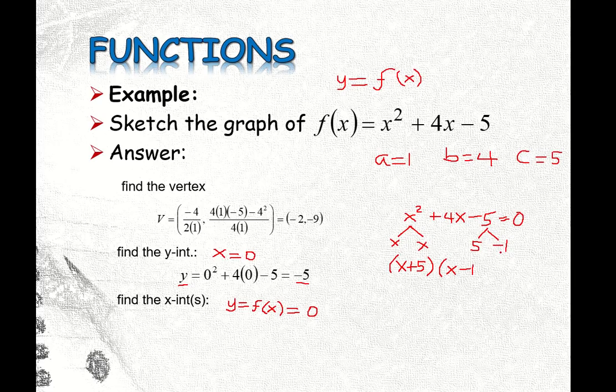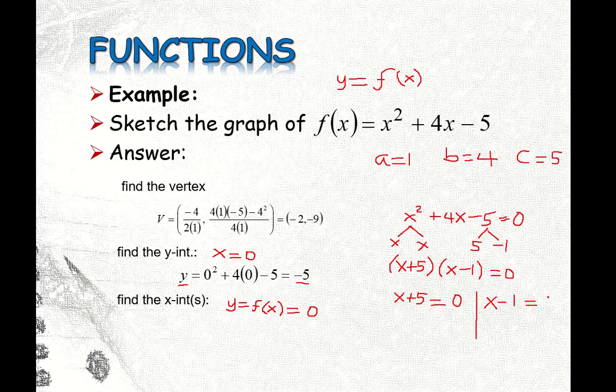Then equate this to 0. In other words, we factor this one, then equate to 0. So you have x plus 5 equal to 0, and the other factor is x minus 1 equal to 0.